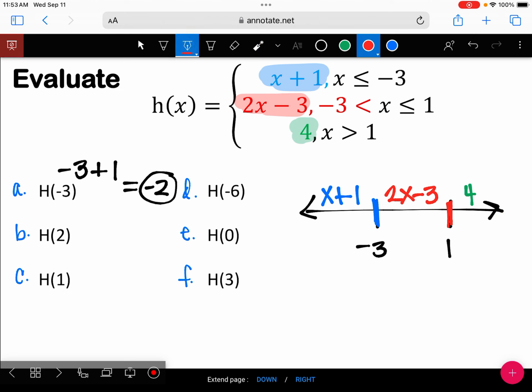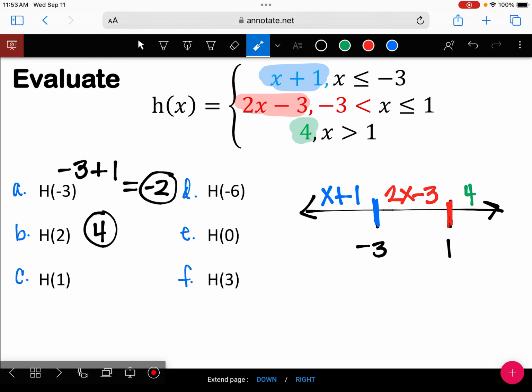So the answer would just be 4. For question C, thank you, we have a 1. So which one of these equations am I going to use for 1? So 1 falls on the fence. So am I using the red or the green? The red, okay, because the red said that it can equal 1.